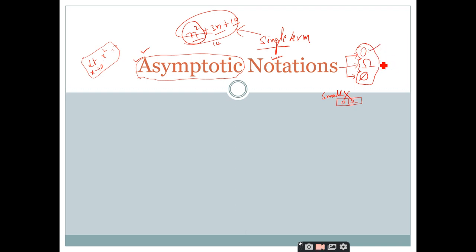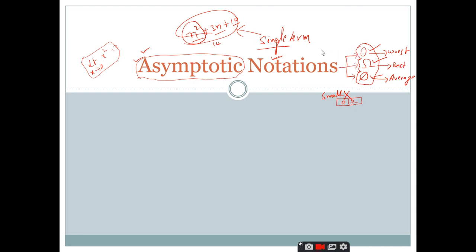When I want to represent the best case time complexity, I represent it with big omega notation. And when I want to represent the average case, I represent it with big theta. So big O represents the worst case, big omega represents the best case, and big theta represents the average case. These three notations correspond to the three different cases we deal with in algorithms: best, worst and average.